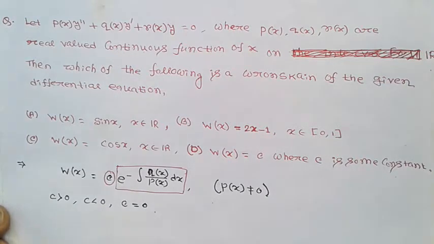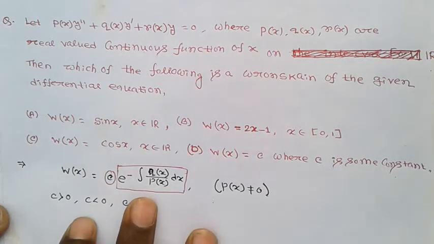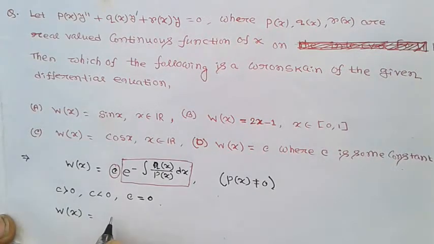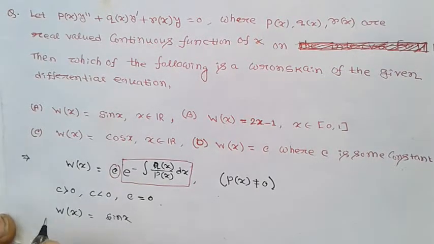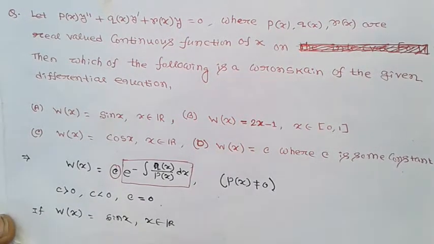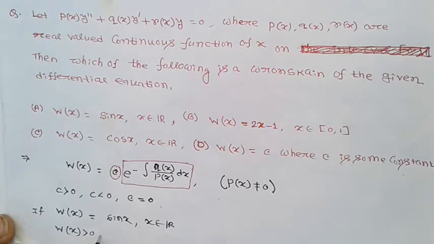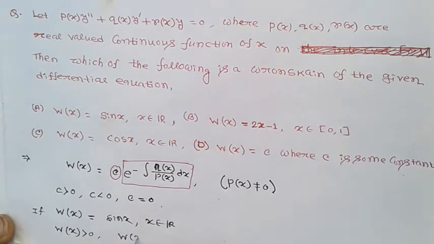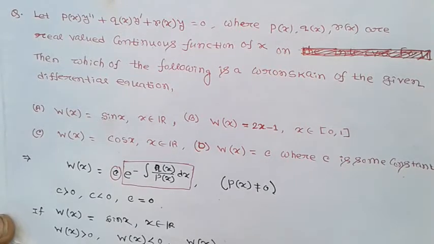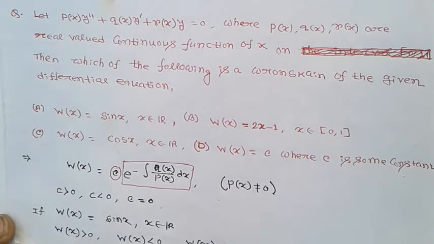So we check the options. First of all, if W(x) = sin x for x real, then this must be positive, negative and 0. So here W greater than 0 for some x, W less than 0 for some x, and W(x) equal to 0 for some x. So this does not hold.